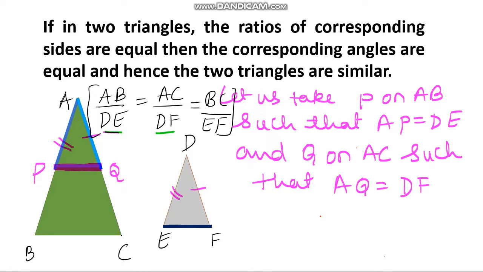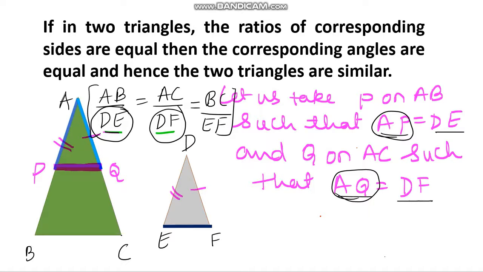Now children, if you look here, you will come to know that we have already taken AP equal to DE and AQ equal to DF. So in the place of DE and in the place of DF, let us substitute AP and AQ. Now what will we get if we substitute like that? We'll get AB by AP equal to AC by AQ.